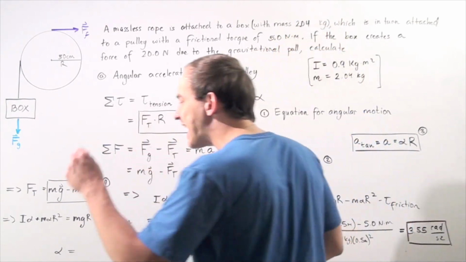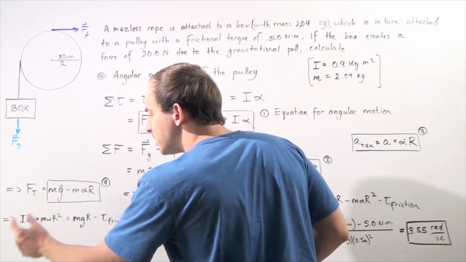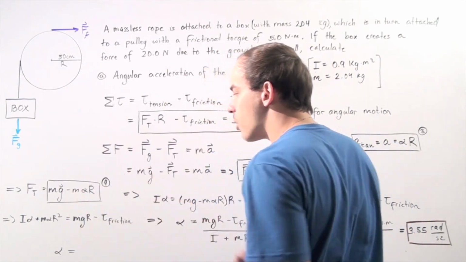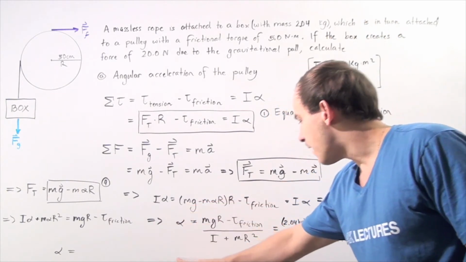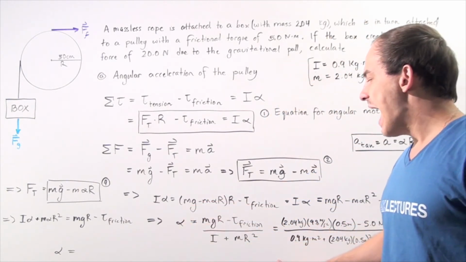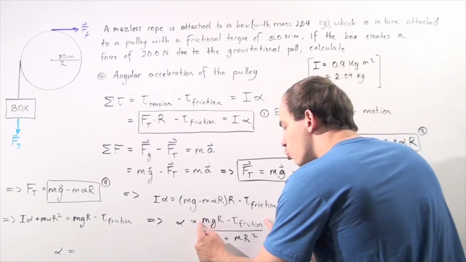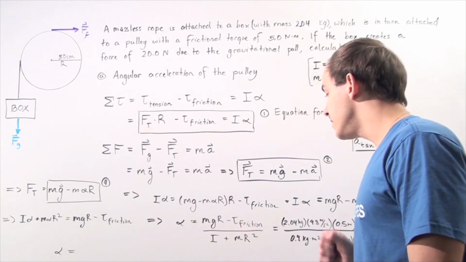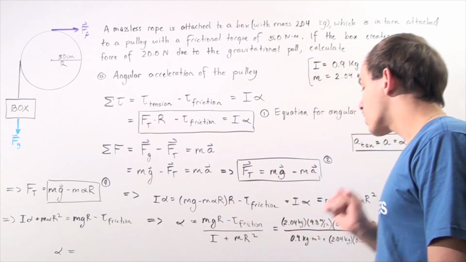So now we take out the alpha and we have alpha multiplied by I plus mr squared, and we bring the I plus mr squared to the right side. So we get the following equation, and now notice the numerator is simply our net torque and our denominator is the total moment of inertia of our object.